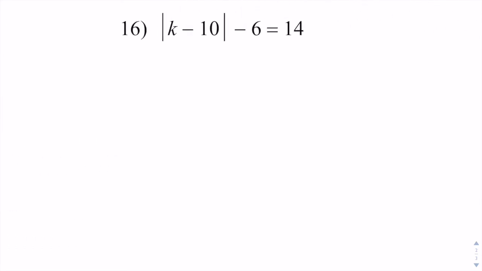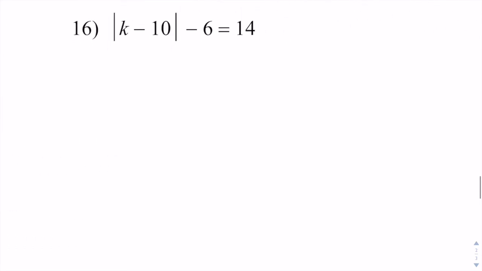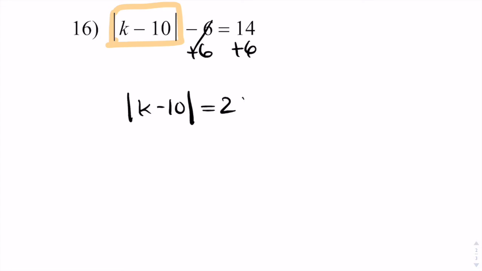And then finally, our last example. In order to isolate this absolute value, this whole thing right here, we would have to add 6 first to both sides. So then the absolute value of k minus 10 is equal to 20.